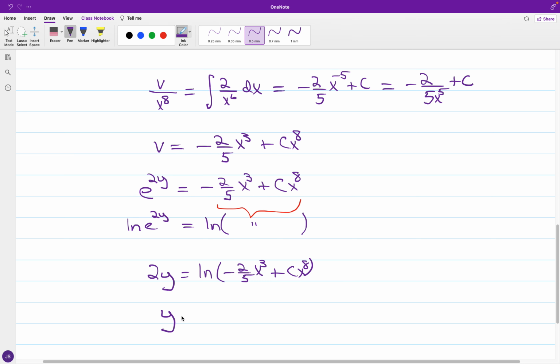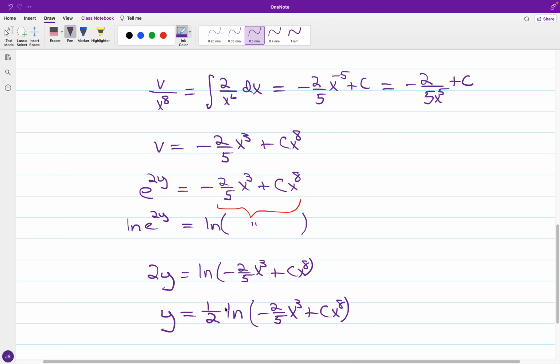And so, solving for y, dividing by 2, we have y is equal to 1/2 of the natural logarithm of negative 2/5 x cubed plus c times x to the 8th.